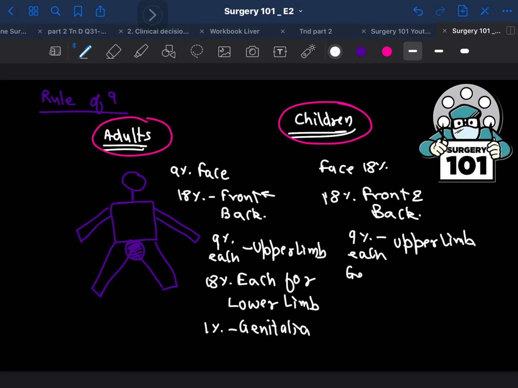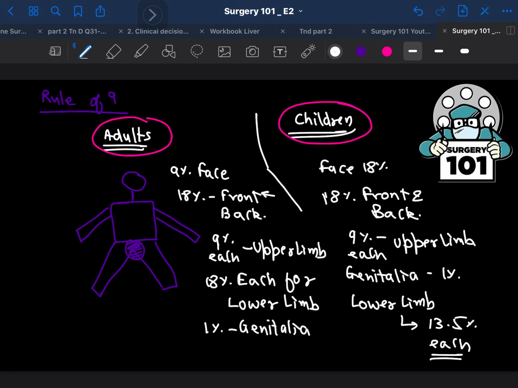Your genitalia is 1%, but your lower limb is basically reduced down to 13.5% each. This is the basic of the rule of 9 for the children.